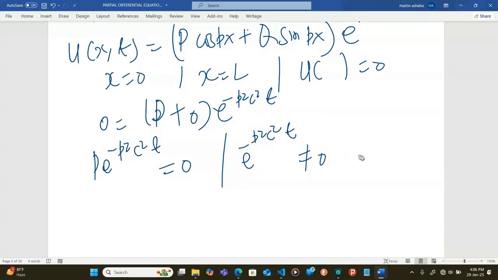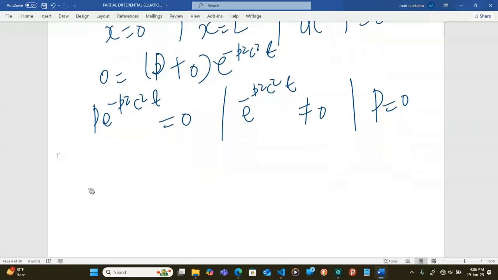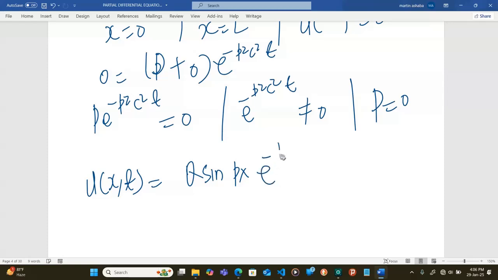So that means p can equal 0. If p is equal to 0, then u(x,t) is therefore going to be 2 sine px times exponential of negative p squared c squared t.